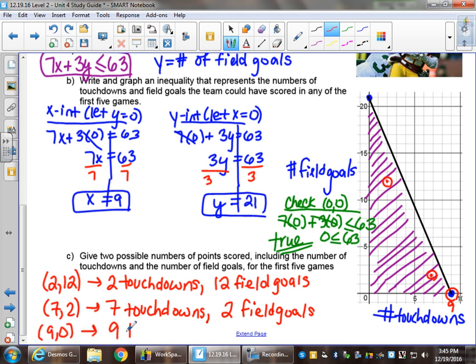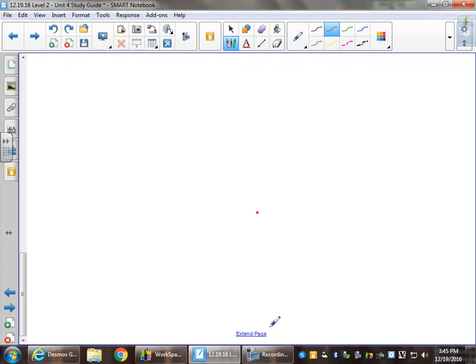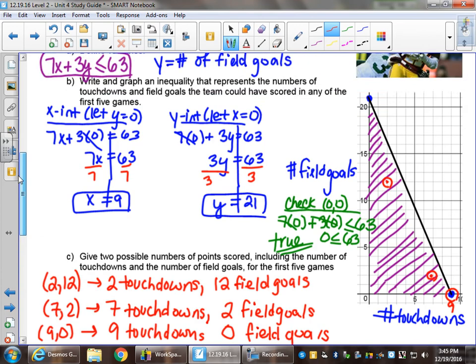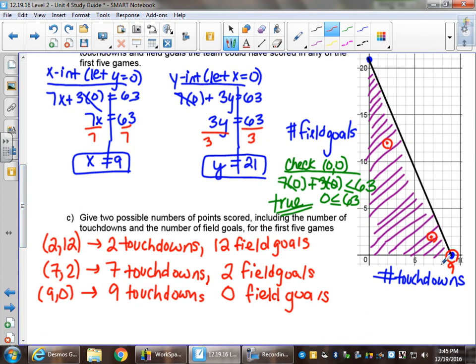That would mean 9 touchdowns, 0 field goals. Oops, sorry. So it asked for 2, I just gave you 3, okay? Any ordered pair you want, these points are included. Our intercepts do count, okay? Could have been this one, could have been this one up here, whatever you choose. Just show me you understand what a point in that shaded region means.